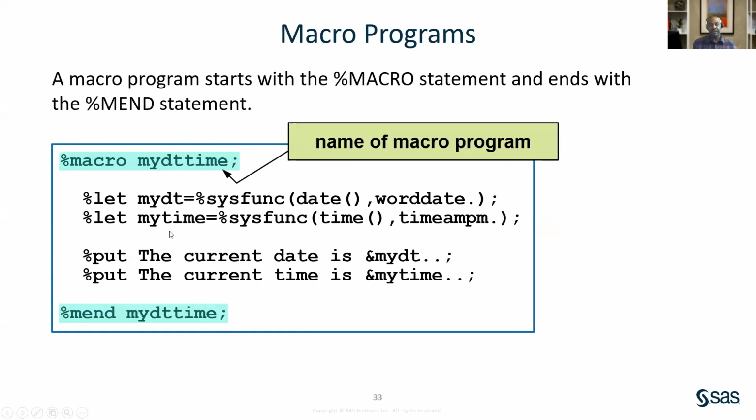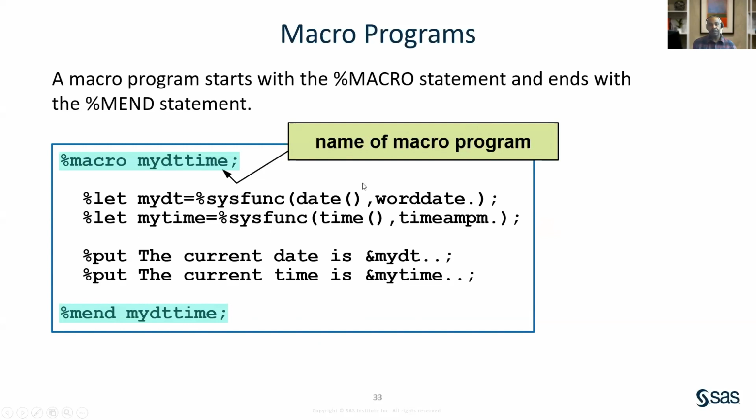When you call it, it will create these 2 macro variables. Remember %sysfunc, we're writing out the date. The date and the today function give you the same exact thing. They give you the SAS date for the day, and we're displaying it with a format. When you use %sysfunc, you don't have to put a format.